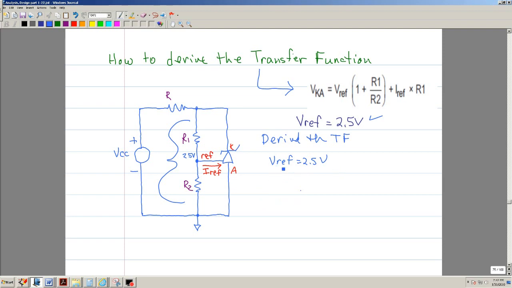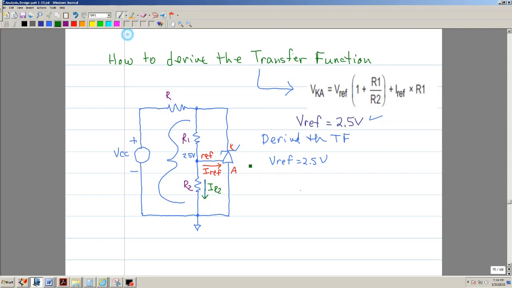Now we can also express VREF in terms of R2. So we can say that Vref, or actually the current, this current, let me change colors, turn green. We're going to label this as IR2.